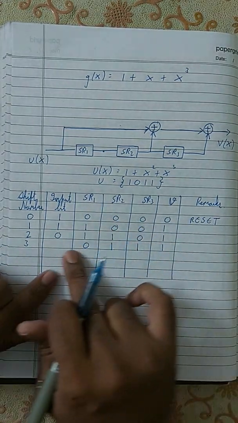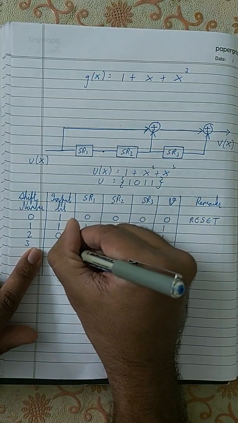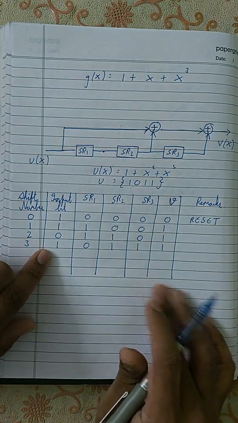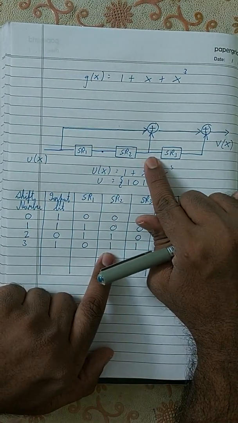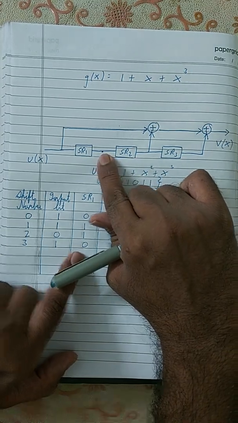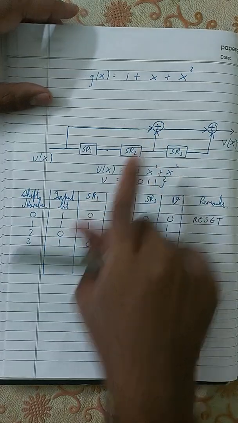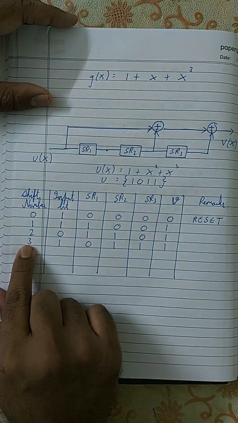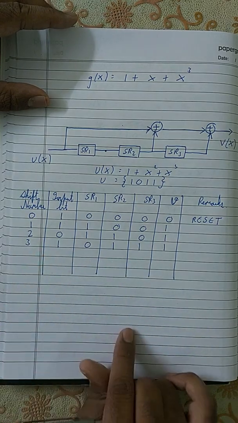The next bit will also enter the circuit here. So the value over here is 1, the value over here is 1, the value over here is 0, and the value over here is 1. This is the state of the circuit at the third clock cycle.